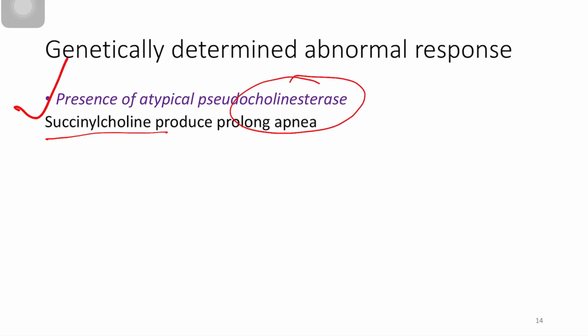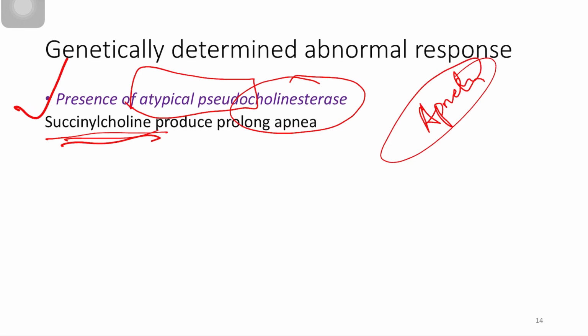But if the patient has atypical pseudocholinesterase, that means genetically abnormal pseudocholinesterase, it takes a longer time for succinylcholine to get metabolized, and succinylcholine's concentration in blood increases. So muscle relaxation remains for a longer time, and the patient might experience longer apnea episodes.